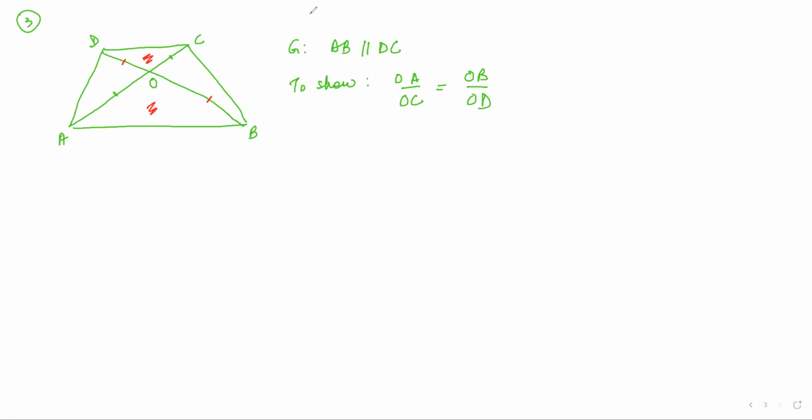What we can do here? Construction will not be required because you have to use similarity criteria now, not BPT. Understood? So in triangle, let's say AOB and triangle COD, let us try to look at AAA criteria if we can do it.